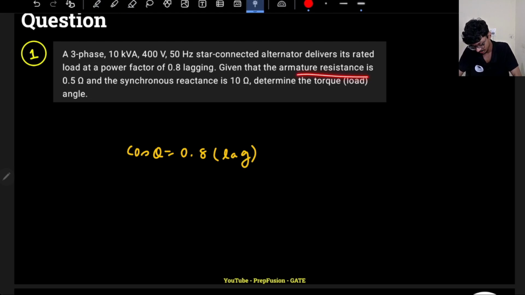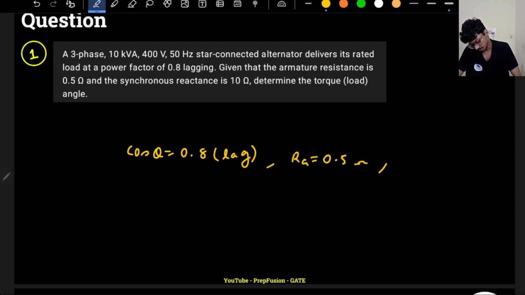Given that the armature resistance is 0.5 ohms, and the synchronous reactance XS is 10 ohm. They want me to determine the torque angle, delta.